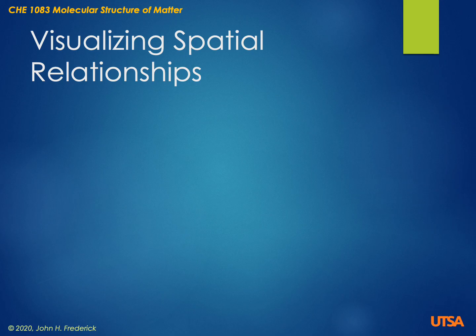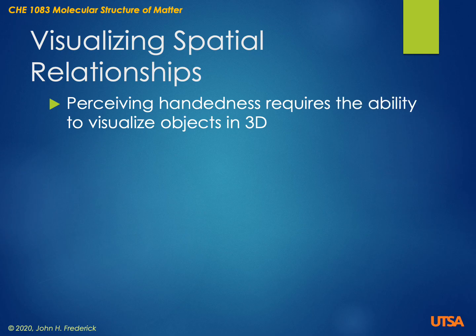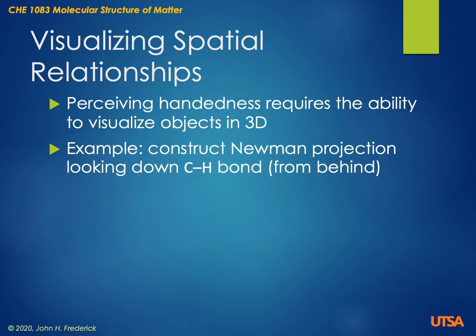So in order to see this in molecules, we're going to need some facility with visualizing spatial relationships. When we perceive handedness, we need to be able to visualize 3D objects from multiple perspectives. So let's consider, for example, constructing a Newman projection looking down a C-H bond from behind. Here is a molecule.